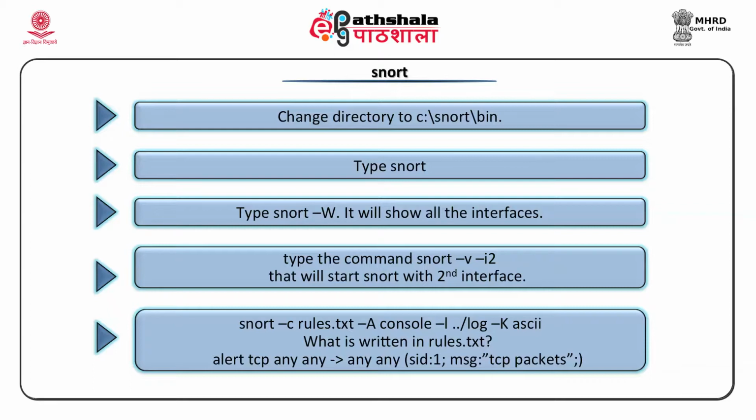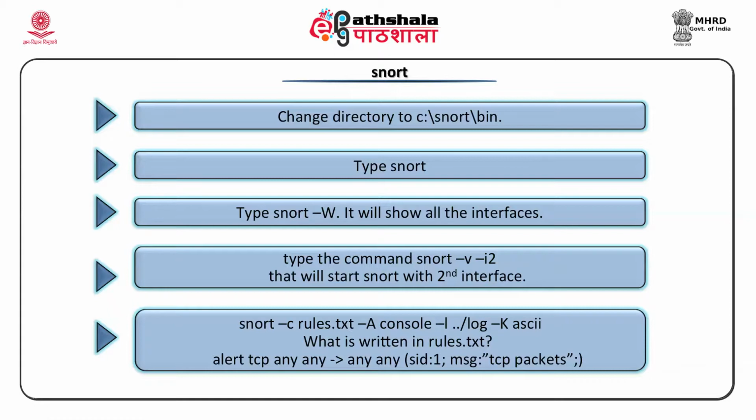Once you have tested this, it's time to test a small thing. Type the command snort -c rules.txt -A console -l. -A console means you get the output on the console, and -l means you log it to files also.